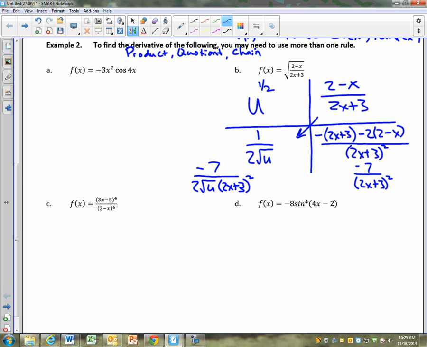And what's my last step? What do I have to plug in? I have to plug in 2x plus 3 into the bottom, right? So you could just leave it like -7 over 2 times the root of 2x plus 3 times 2x plus 3, that quantity squared.